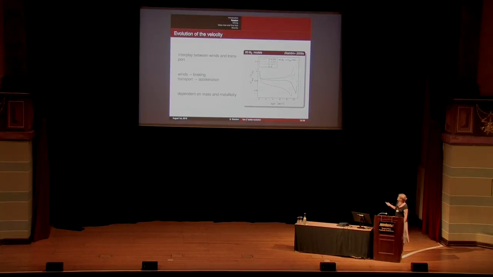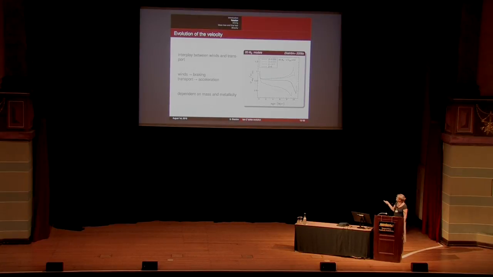The evolution of the velocity itself is very dependent on two processes. It's really an interplay between the winds and the transport. The winds will brake the star, removing some angular momentum from the star, and the transport will probably accelerate the surface of the star by driving the internal rotation of the core to the surface in a way or another.